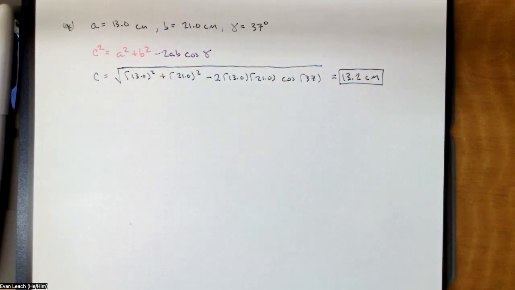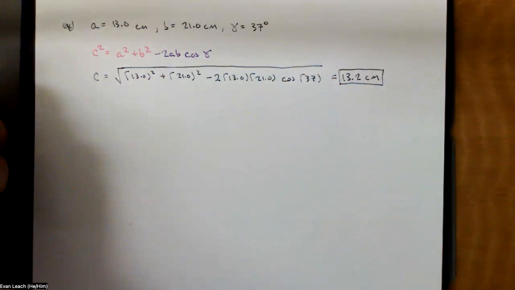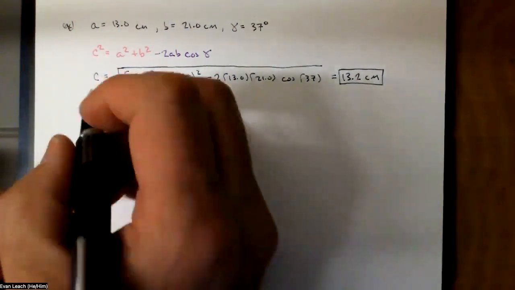One of the things that we want to note here is that this was the only thing that we had available to solve for. This is the only thing that we could try to find first. Anything else that we tried to find, we don't have the information. So note, this is our only choice to start.